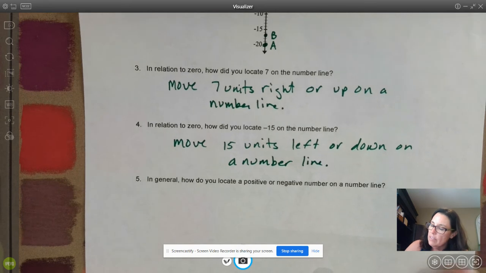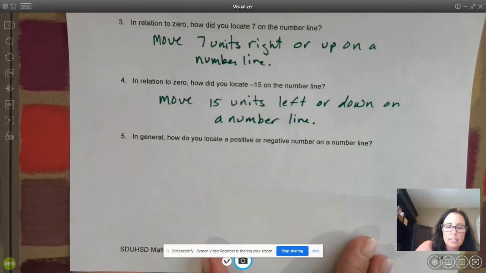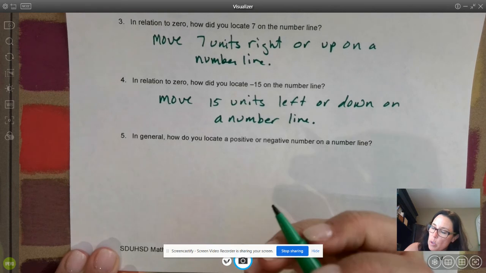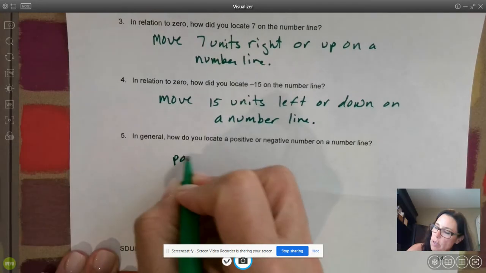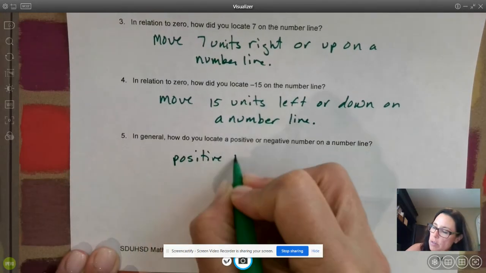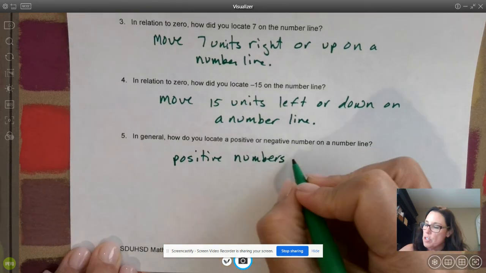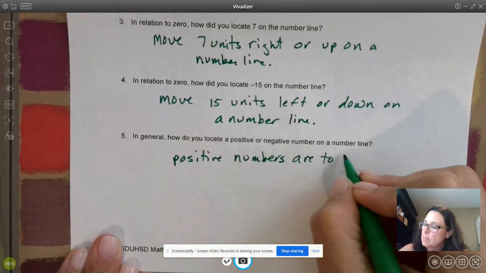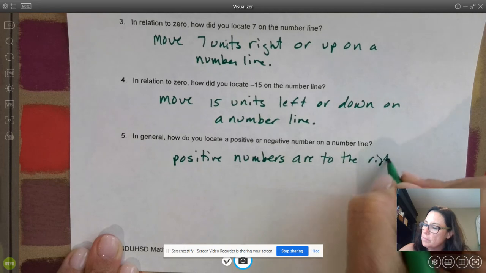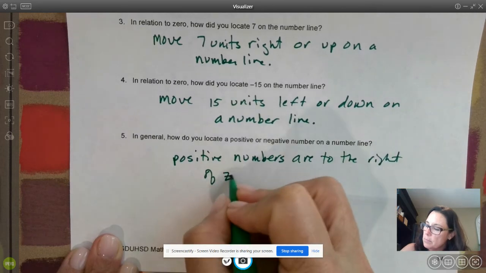Okay, now positive and negative numbers, just to nutshell it, exactly what we just spoke a minute ago. So positive numbers are to the right of 0.